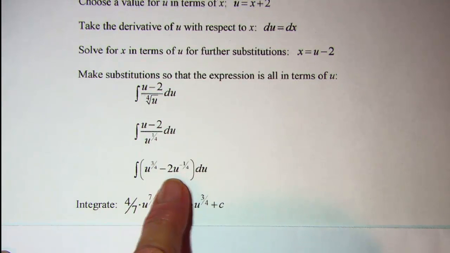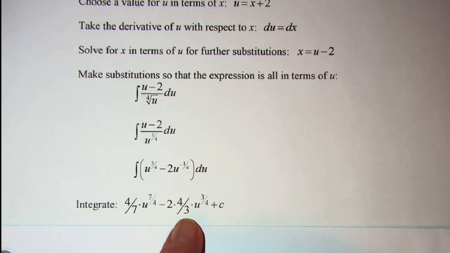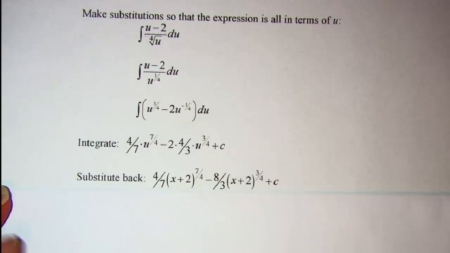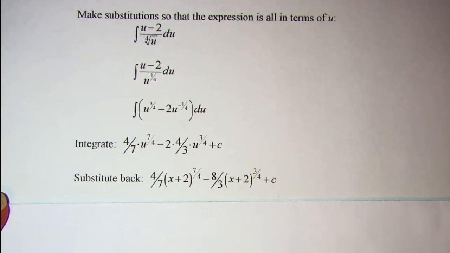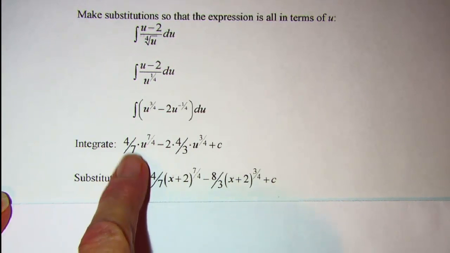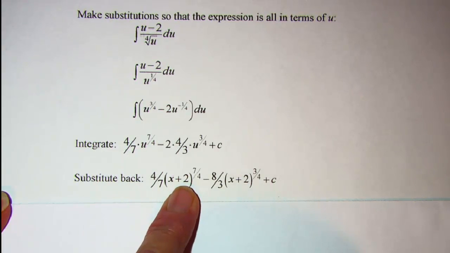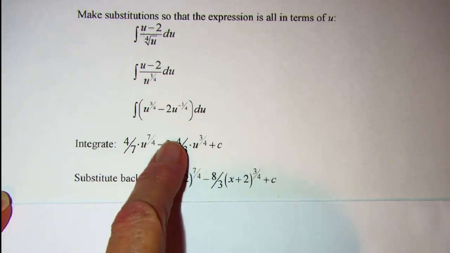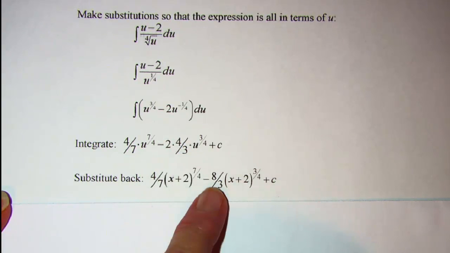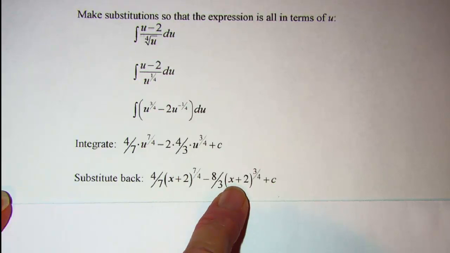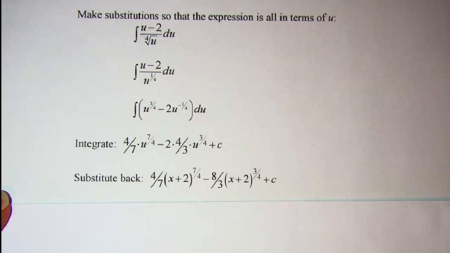So I have a -2u to the 3/4 divided by 3/4, which is the same as multiplying by 4/3. Now I need to sub back in place of u. So I have 4/7, and then in place of u, I'm going to put back in my x plus 2. Here I have 8/3, and then my x plus 2 is put back in for u, and then plus a constant.